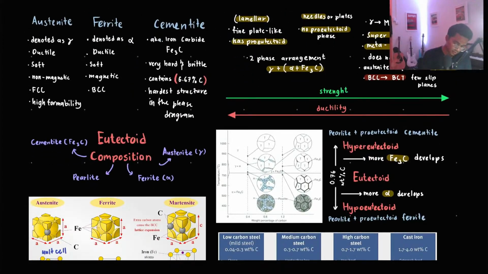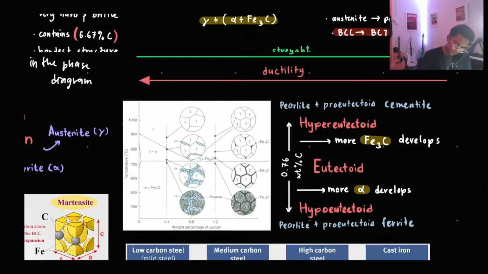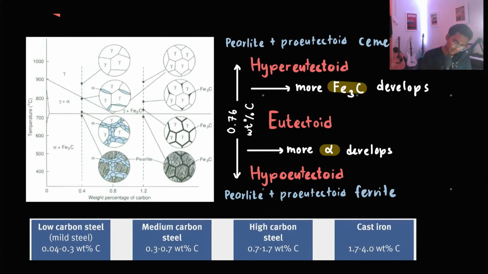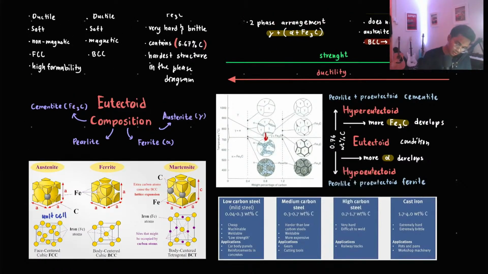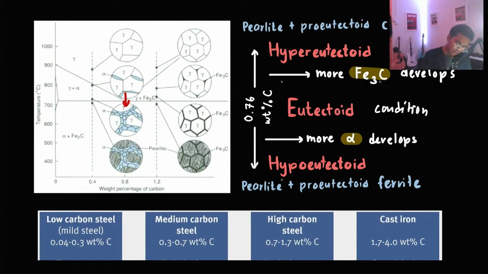A pro-eutectoid happens when you have either hyper-eutectoid or hypo-eutectoid conditions. So let's say you have eutectoid condition. Eutectoid will be starting in the middle here. Like we discussed, eutectoid is the 0.67% of carbon.